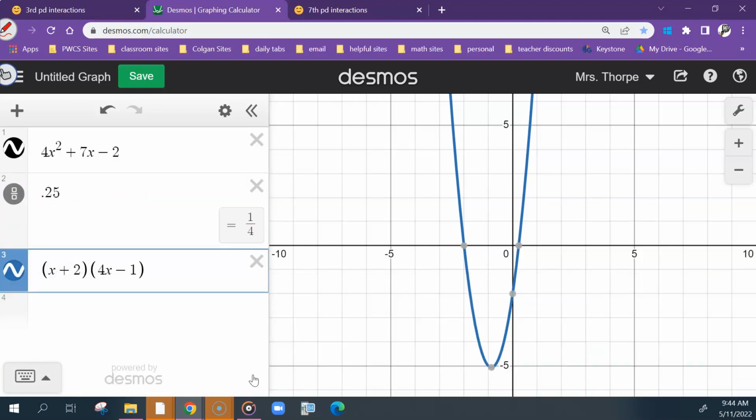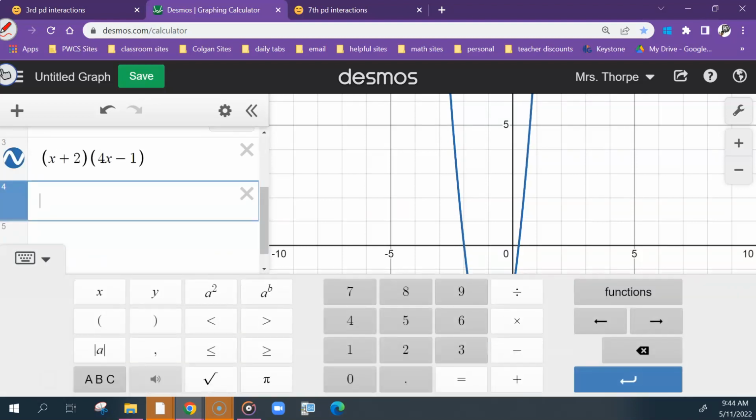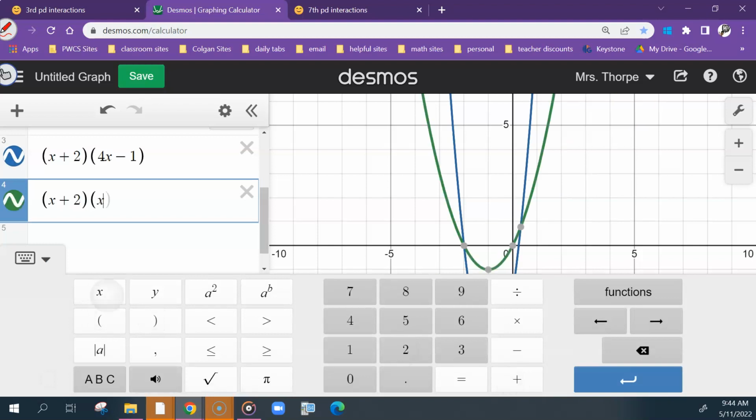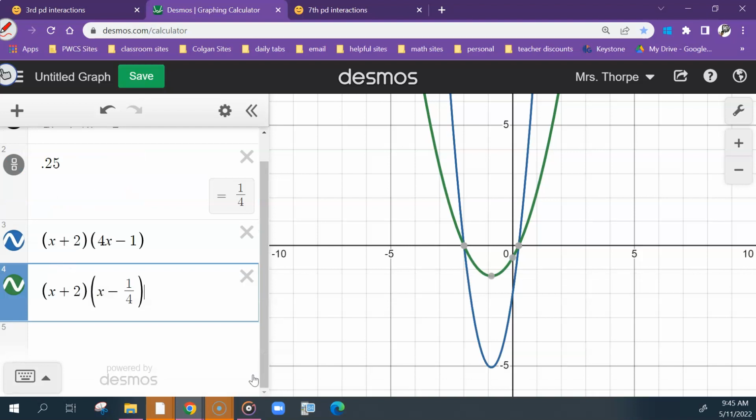If you put x minus 1/4, I believe you would count that wrong, because it doesn't graph correctly.